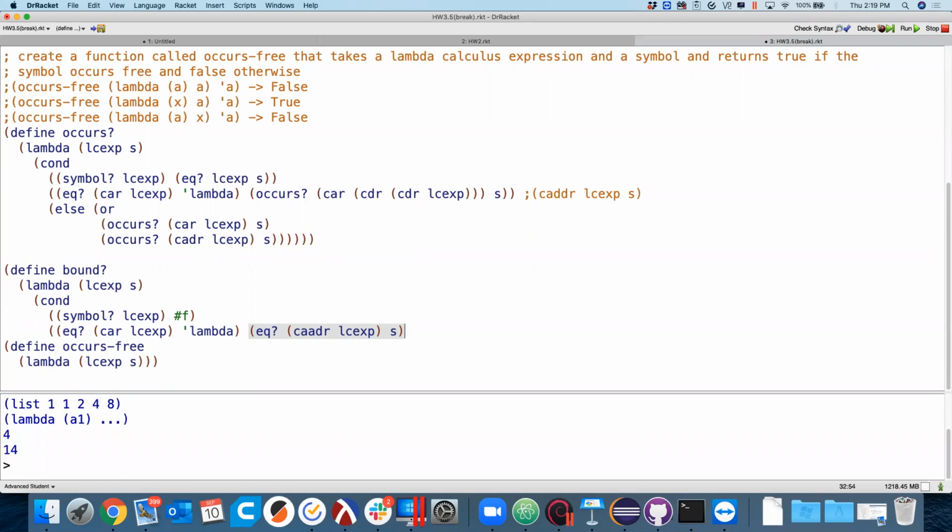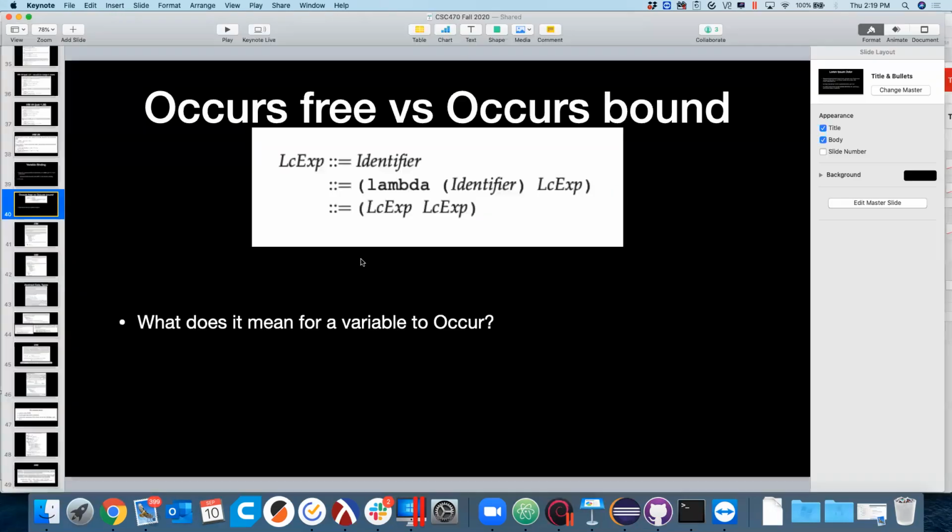So I just return whether or not that guy is true. What if they don't match? Does that mean a binding doesn't occur? If I'm looking for the variable A and I didn't find a match right here, am I done? Or could this guy have another lambda production inside of it?